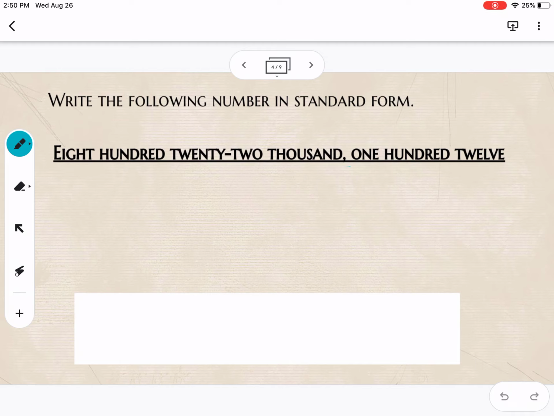All right, guys, let's go over this together. So I'm going to read from left to right, writing the number as I go. We'll start with 800, which means I need an 8 in the hundred thousands place, 22,000. So I'm going to write down 22. I have a comma. I'm going to include my comma in my standard form number.